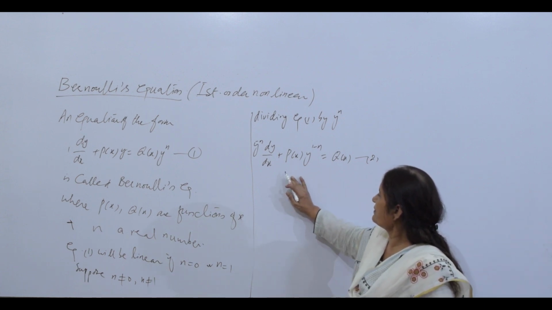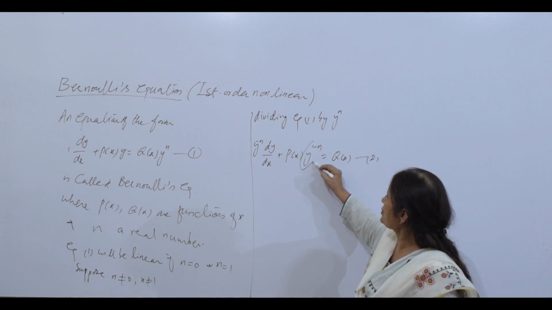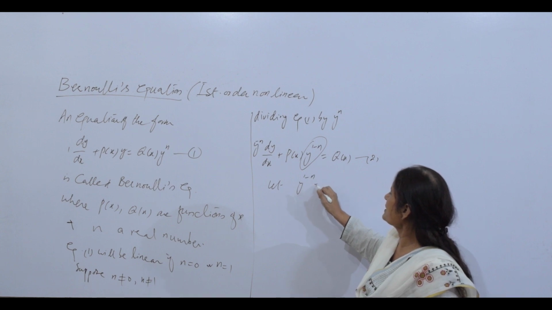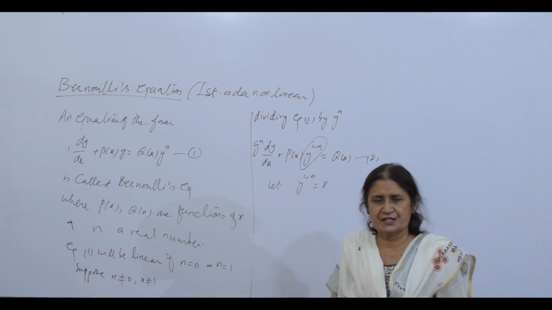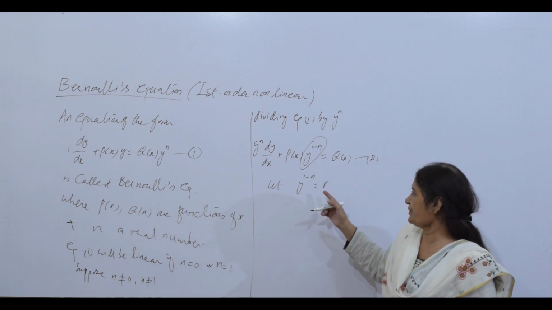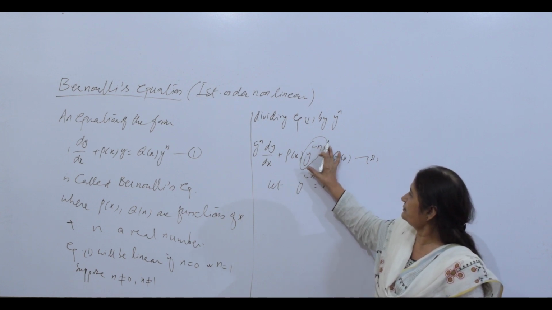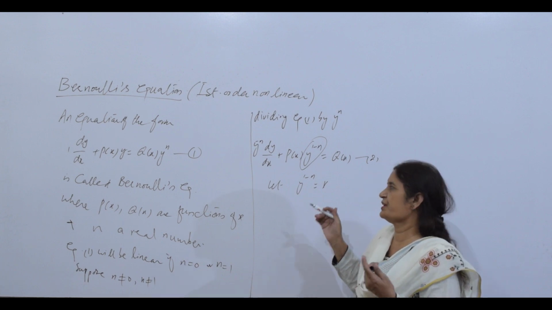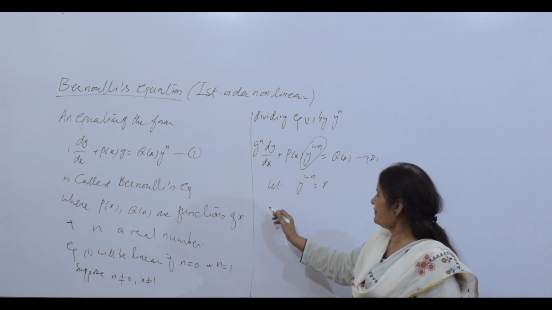Now after division, let y^(1-n) be v. Since y is a function of x, v is a function of x. So you can name this; it is y^-3, y^-2, y^-10, whatever it is. So name it as v. Differentiate.